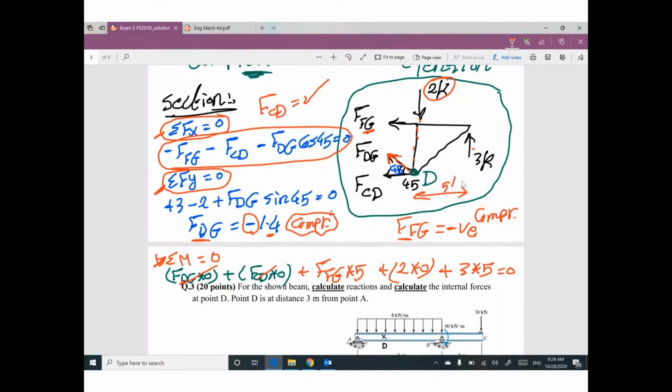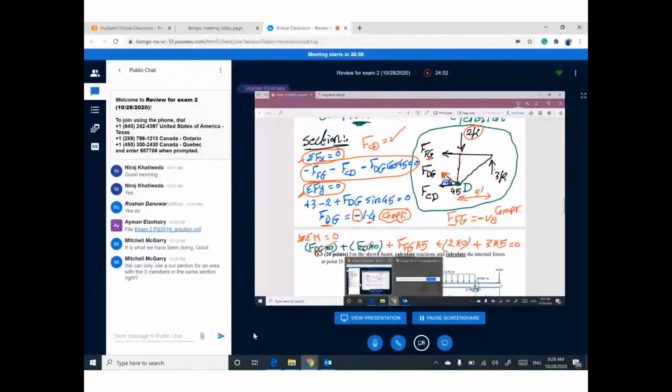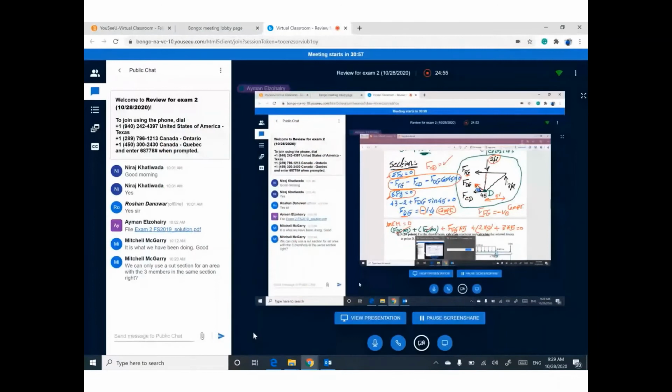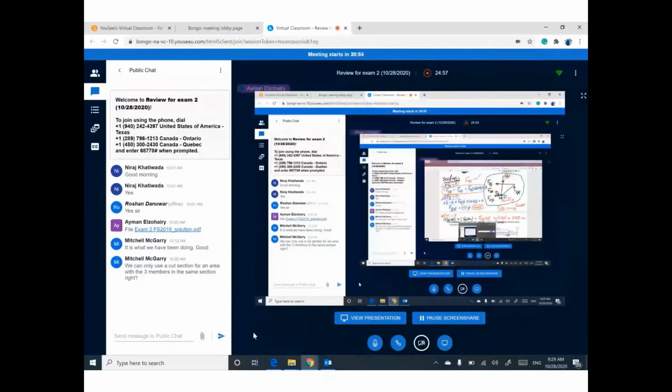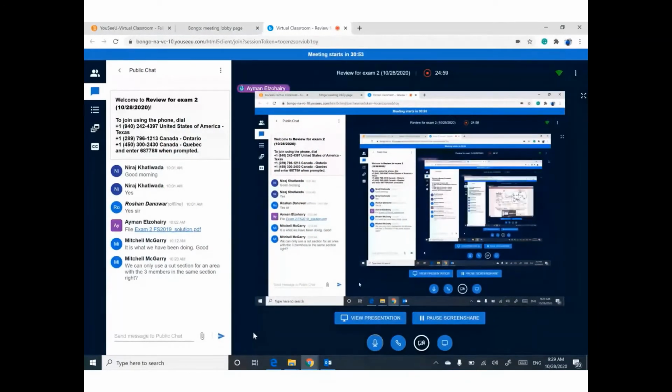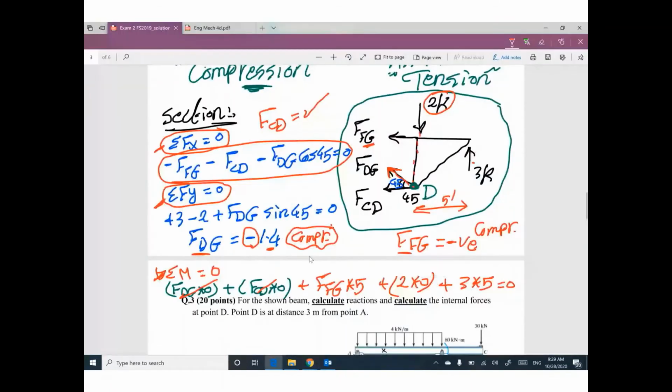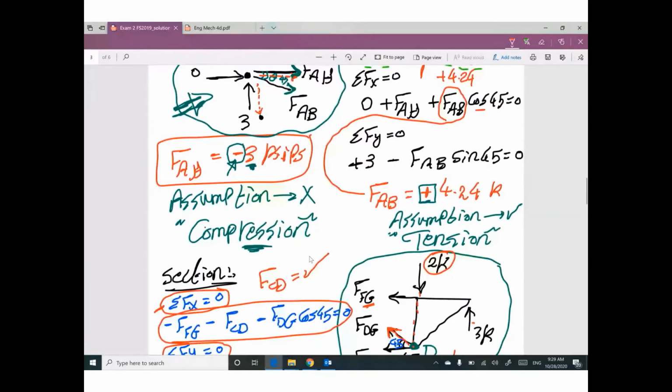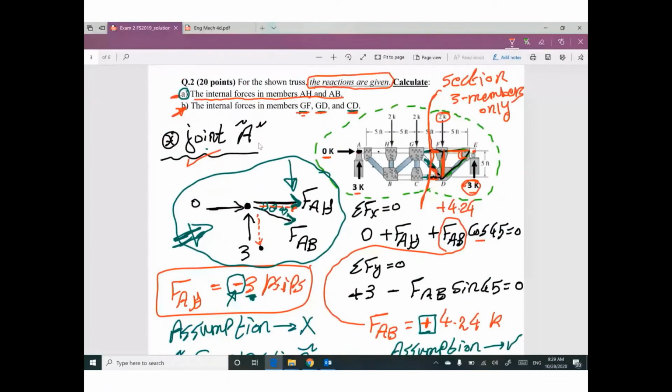So guys, do you have any question? Yes. Remember, section method only if you are looking for 3 members at the same location. So I can do one cut for the 3 members. But if I'm asking for 2 members only, believe me, joint method will be the best solution. Okay?